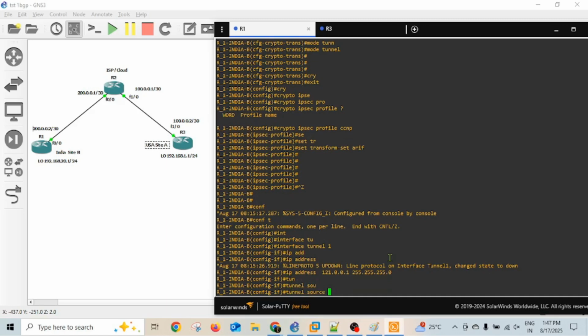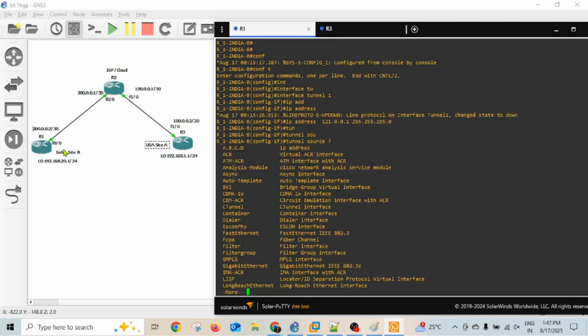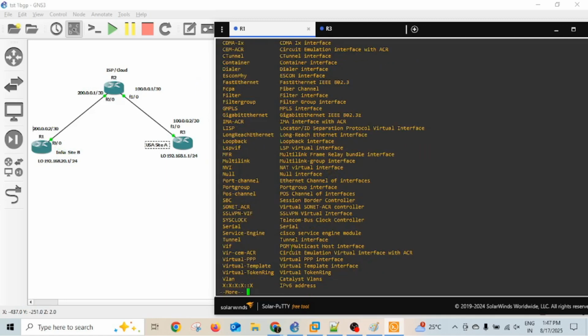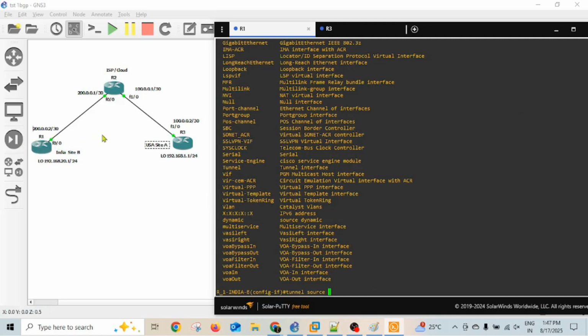So source will be here. This one I'm configuring on router one here in India, and my source is FastEthernet 0/0. You can see more things here. Interface, you can choose the IP address. I'm choosing the IP address.